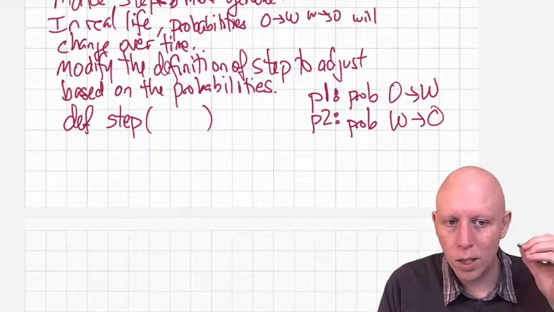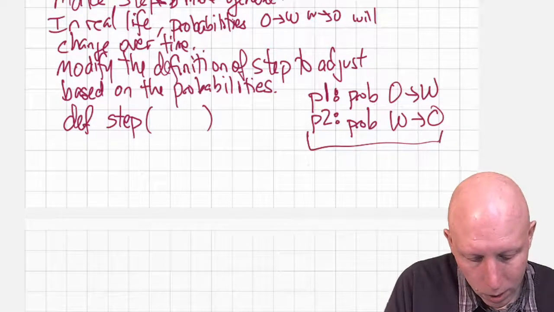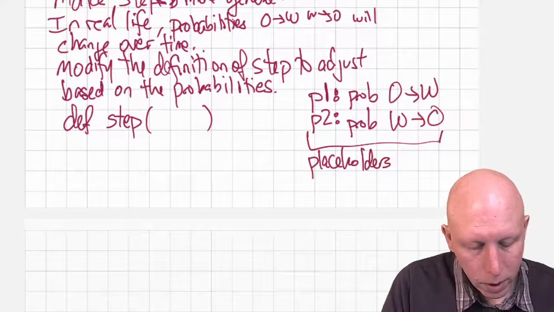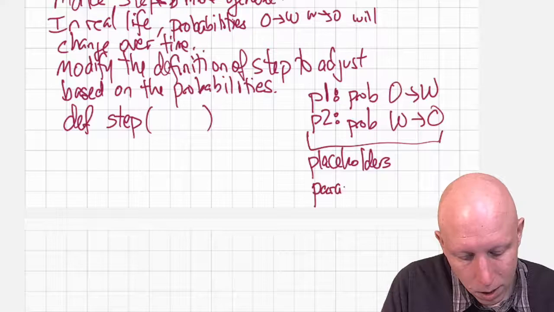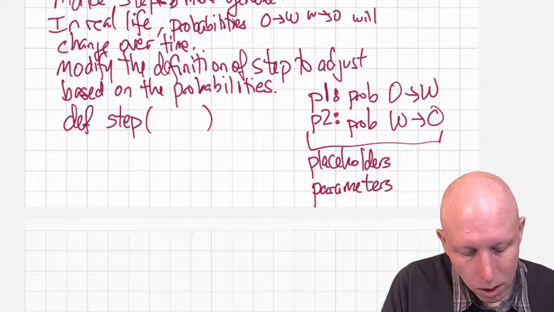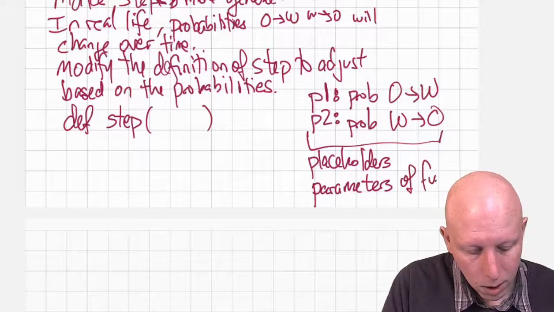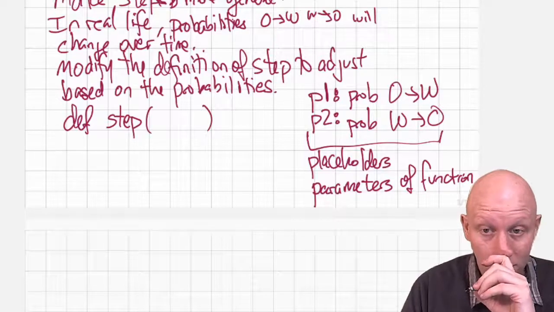These are going to be placeholders, or in other words, these are going to be the parameters of our function.